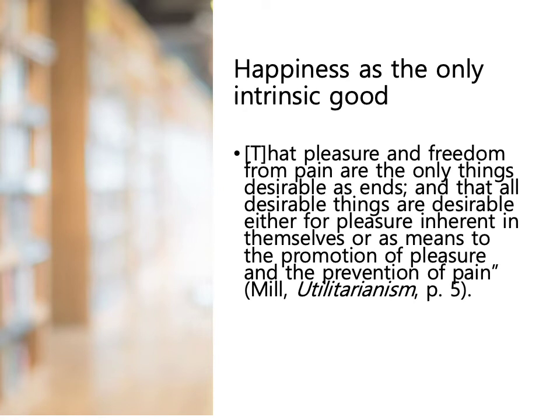Mill says that happiness is the only intrinsic good. And this is what he says. That pleasure and freedom from pain are the only things desirable as ends. And that all desirable things are desirable either for pleasure inherent in themselves or as means to the promotion of pleasure and the prevention of pain.